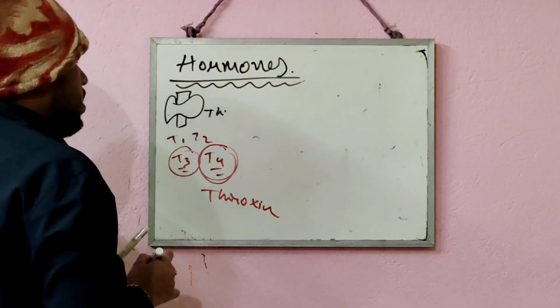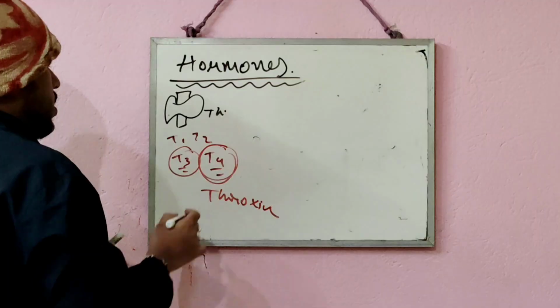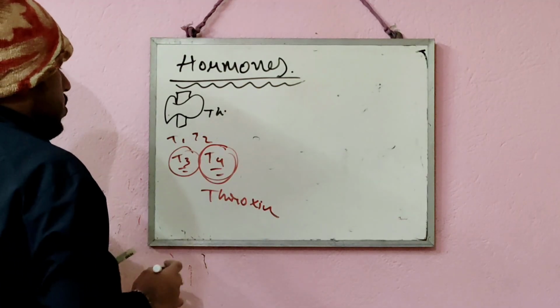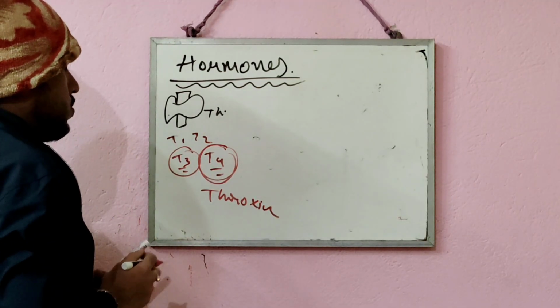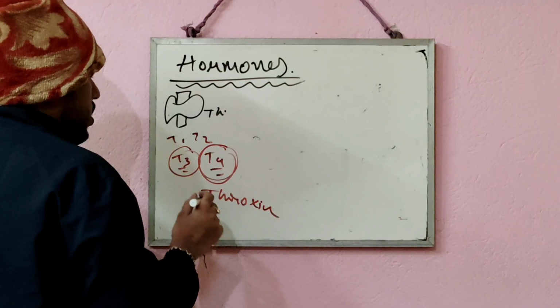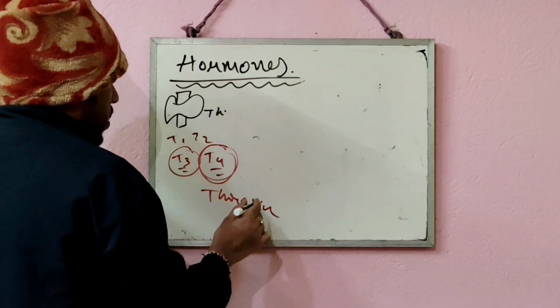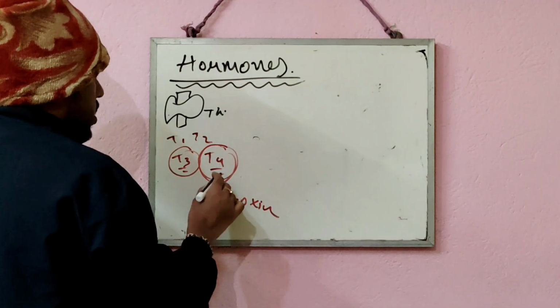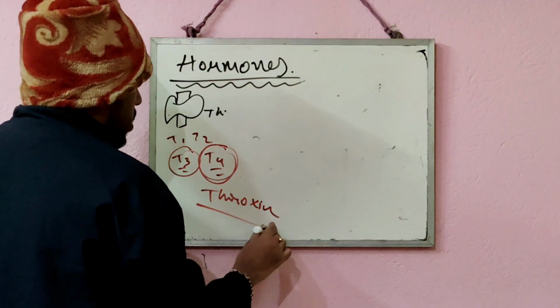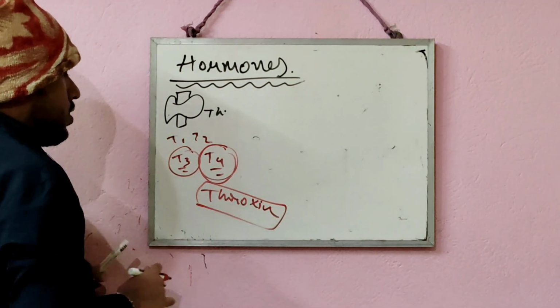So there are generally four types of hormones secreted from the thyroid gland. The most important are T3 and T4, and among those two, T4 is mostly important, called tetraiodothyronine, or in short we know that hormone as thyroxine.